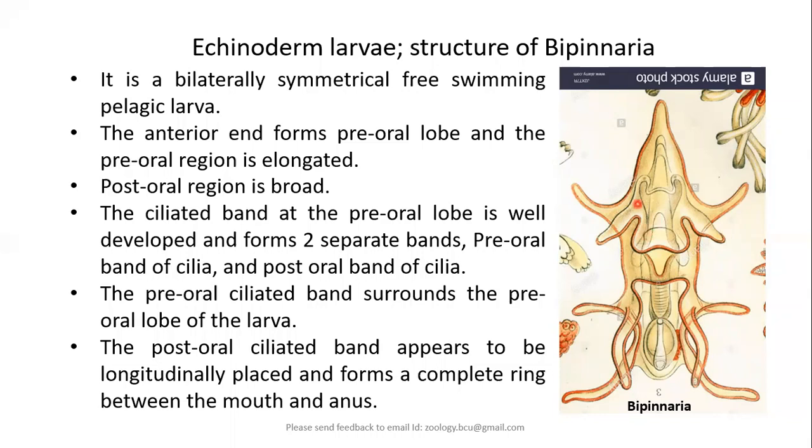The ciliary bands are well developed and they form two separate bands, a pre-oral band of cilia and a post-oral band of cilia. The pre-oral ciliated band surrounds the pre-oral lobe of the larva. The post-oral ciliated band appears to be longitudinally placed and forms a complete ring between the mouth and anus.